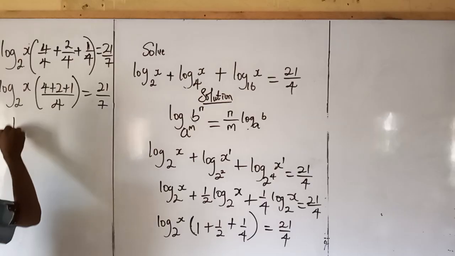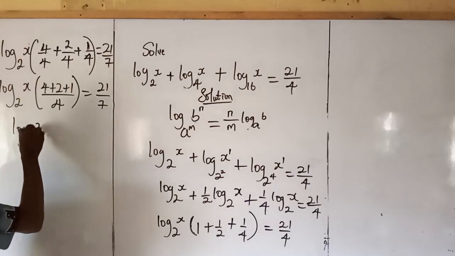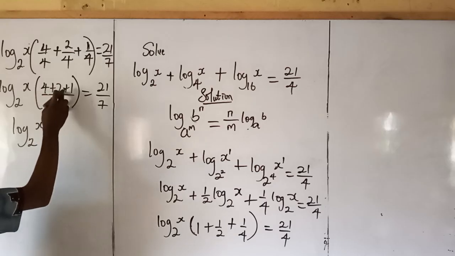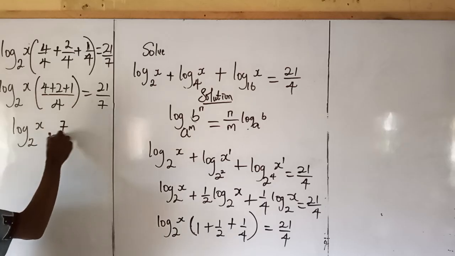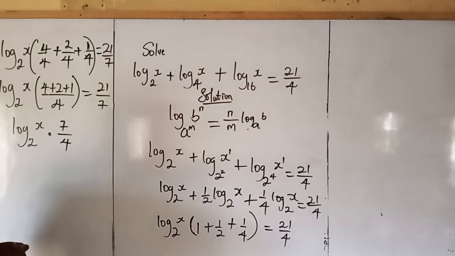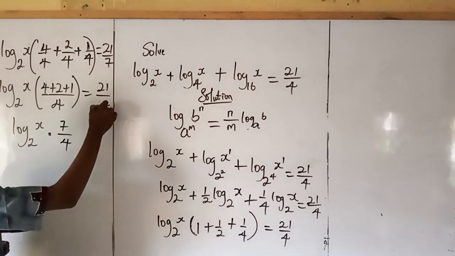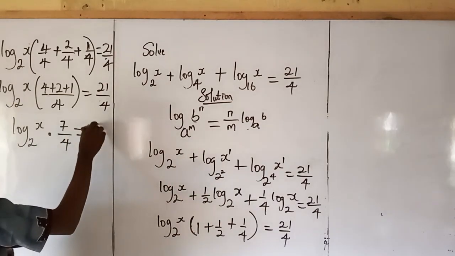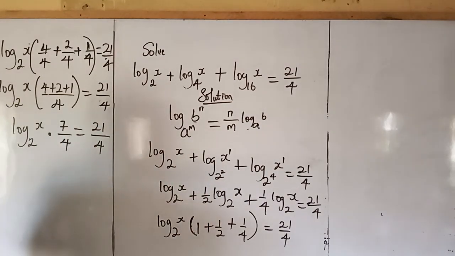So I have 7 over 4, equals 21 over 4, as it was from the beginning.